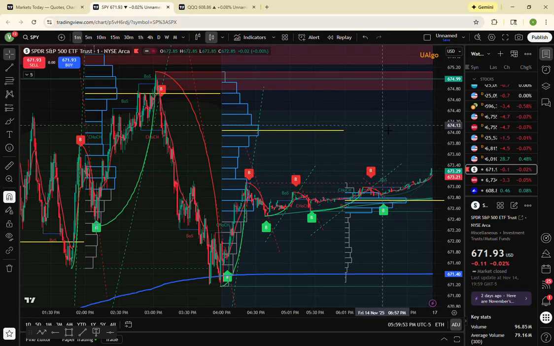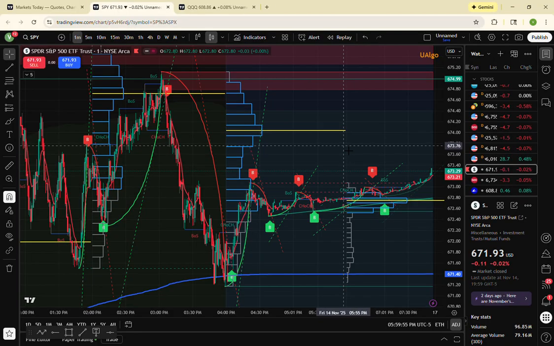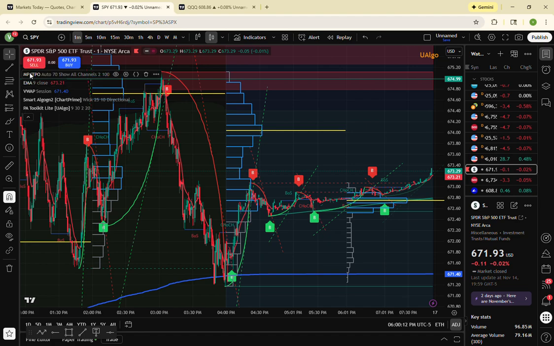For my backtest, I use at least 5 indicators. If you have an essential subscription, you can use up to 5 indicators. I have 5 indicators here. The first one is market profile.